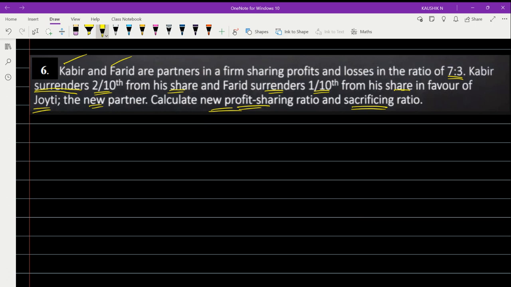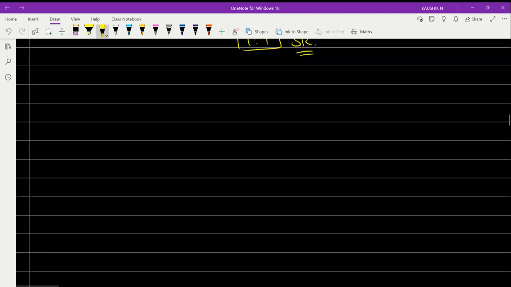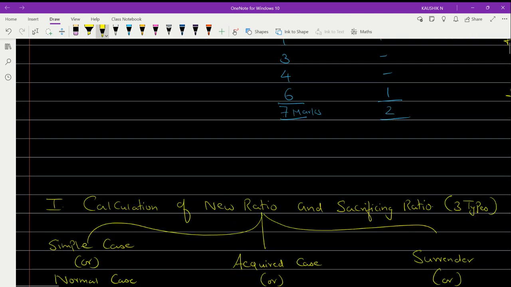Okay, so here it is a concept of surrender. The concept of surrender is very simple. You have to just understand what is being given in the question, but the way of understanding has to be very careful. The language is very important. I go back to the initial concept I mentioned on the top.